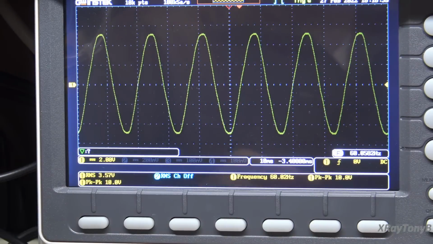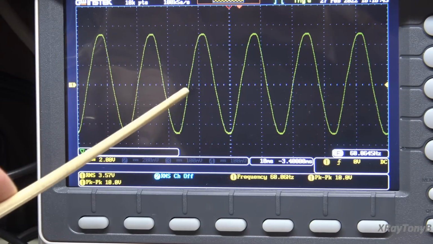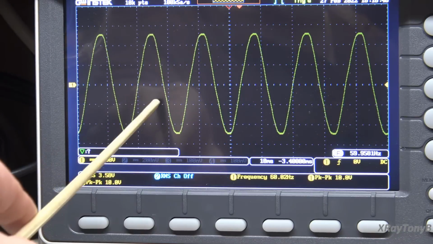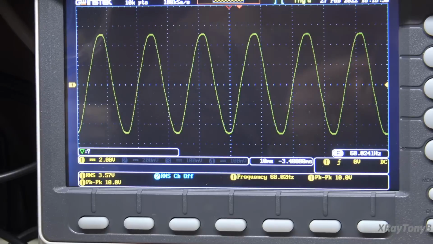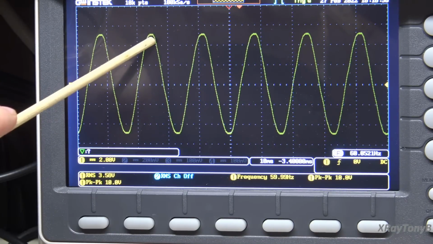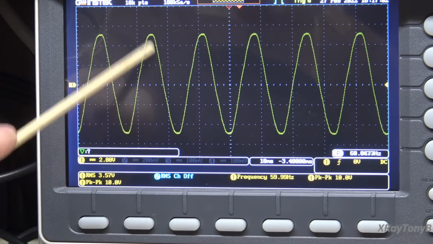What we're going to do is we now have our AC sine wave on there, and I'm looking at 2 volts per graticule. So what we want is 5 volts once again, right? So 2 and a half graticules would be 5 volts. And if we go negative 5 volts, that's going to give us 10 volts peak to peak.